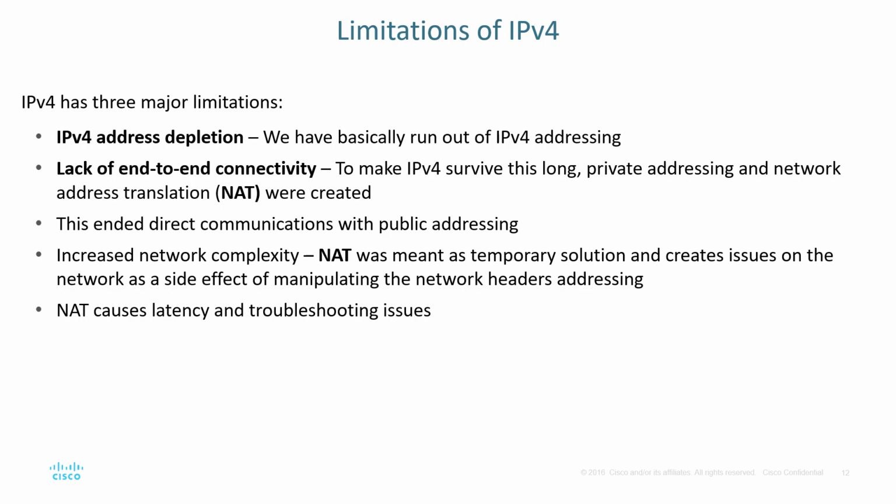Private addressing is something that I can address on the inside of my own network. It is not routable on the internet, and we will talk about this more when we get to chapter 11. In order to have a device on the inside network travel over the internet, it needs a public addressing scheme. That is where NAT comes in, network address translation.